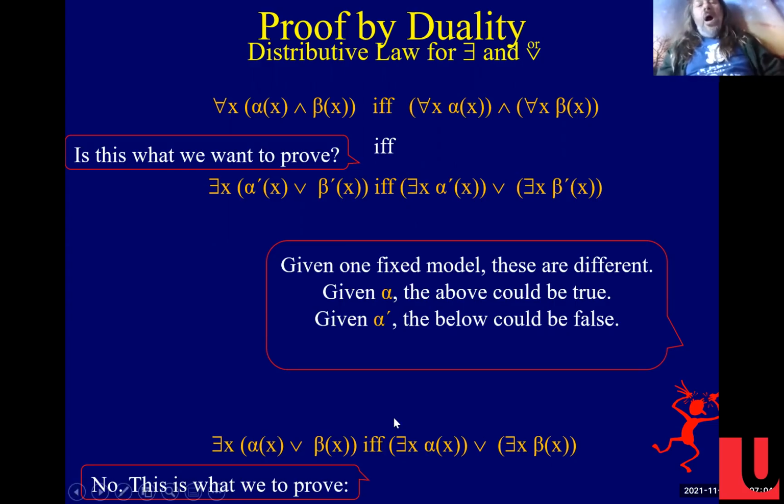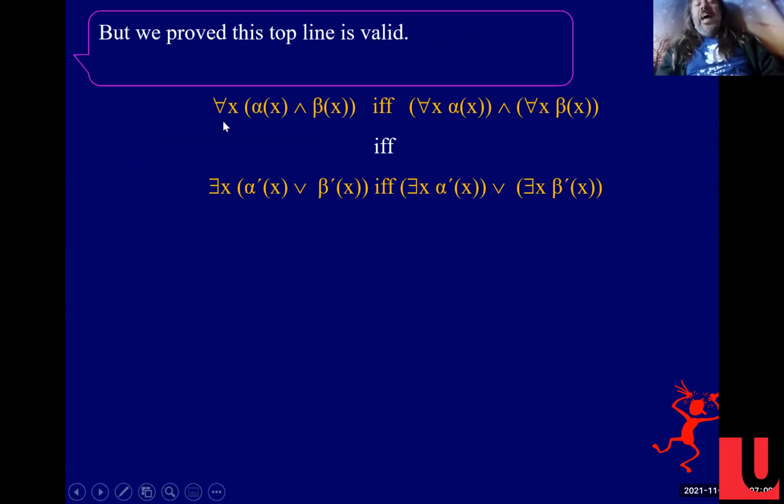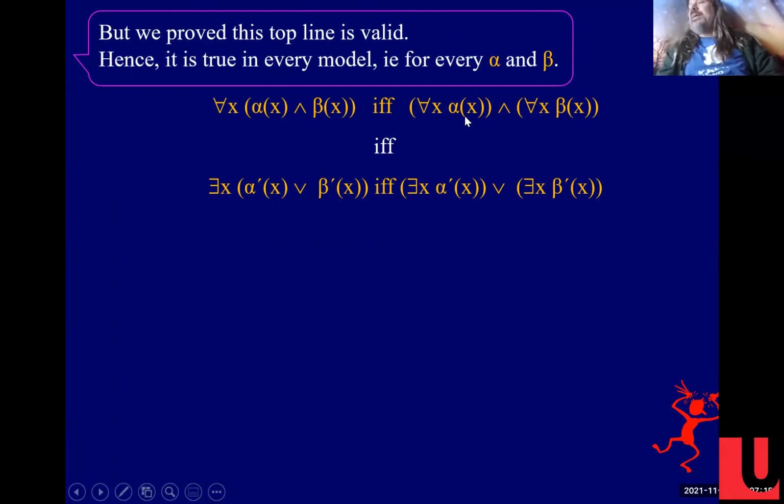So on the other hand, what do we claim about this top line? We're claiming that it's valid. And if it's valid, then it's true in every model, right? That means it's true for every setting, no matter how you define alpha and beta, it's true.